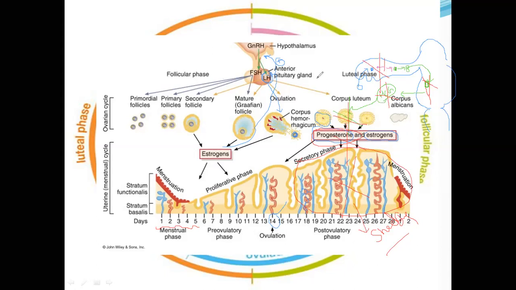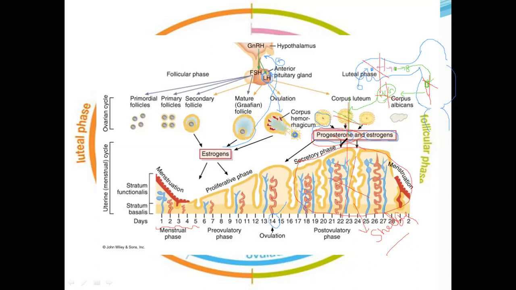So the hypothalamus will start FSH, follicle stimulating hormone, release again, so that it makes maturation of another primary follicle and develops another ova for ovulation. So it means another cycle started here, right?